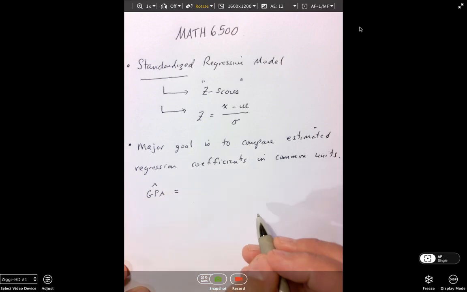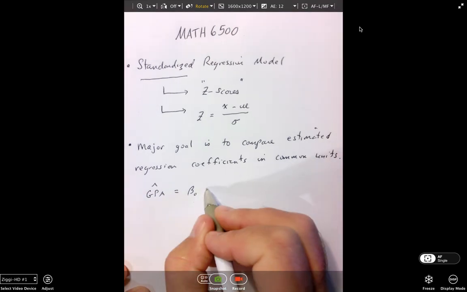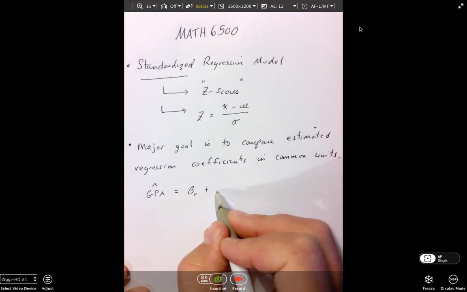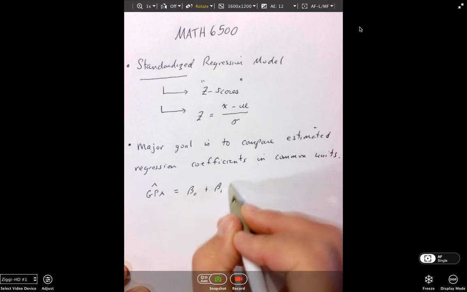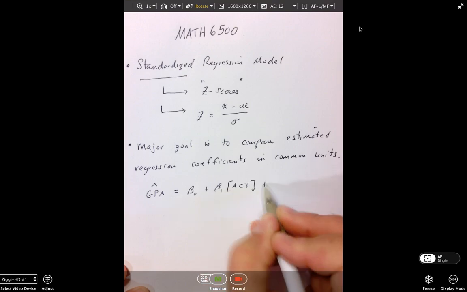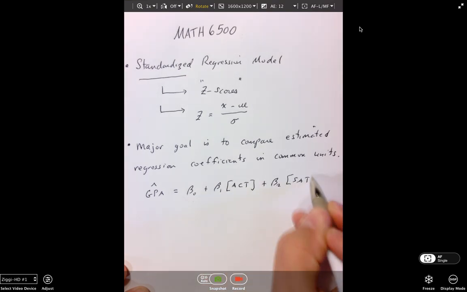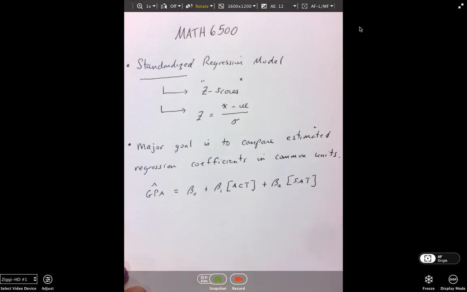first-year college GPA from a model, an intercept model, which has B0, and a beta 1, which is the coefficient for ACT, plus beta 2, which is the coefficient for SAT. And think about the way that we interpret the beta 1 and beta 2 in this situation.